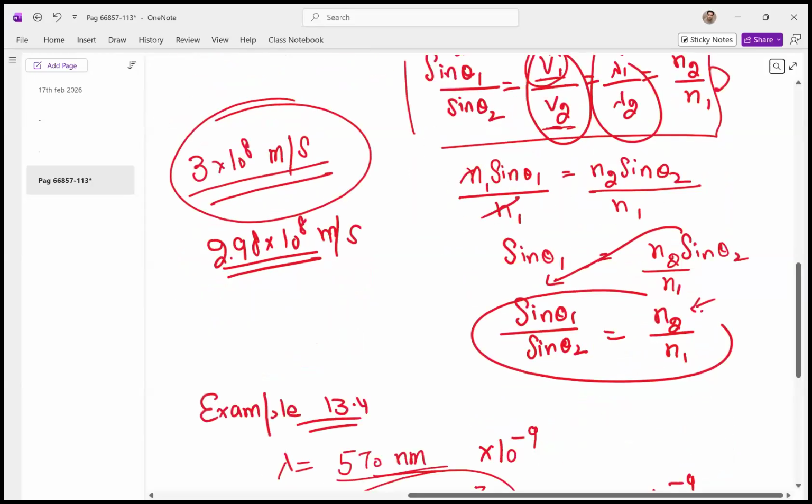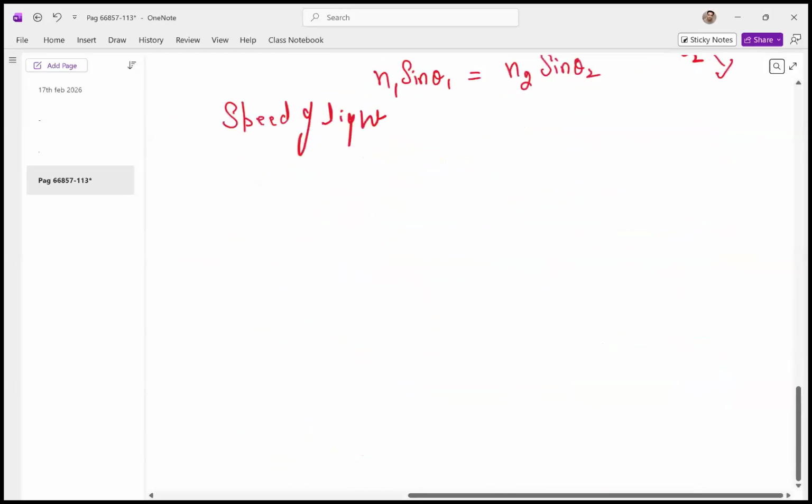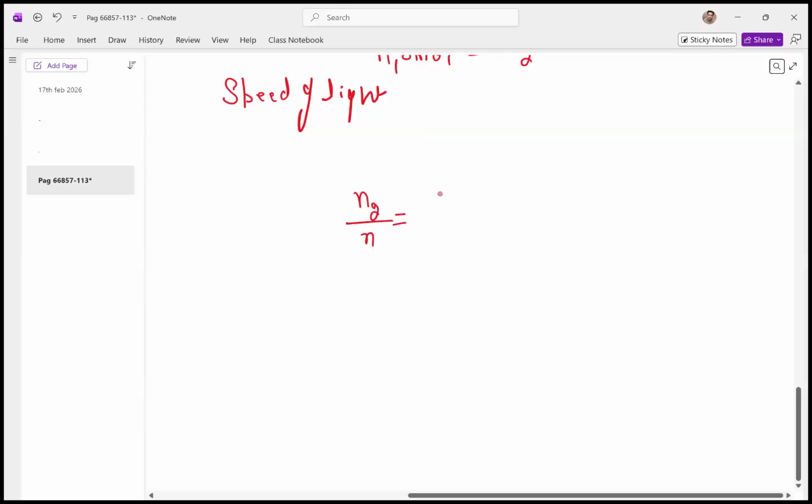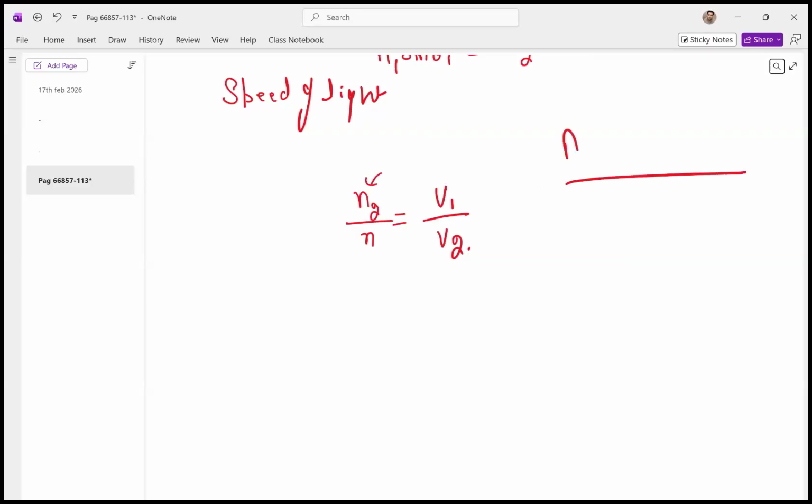Now I can write the formula n2 upon n1 equal to v1 upon v2, and n2 is diamond, because it goes from air to diamond, so that's how it is. As I told you, make sure you always write the formula. n2 is diamond, so 2.42.